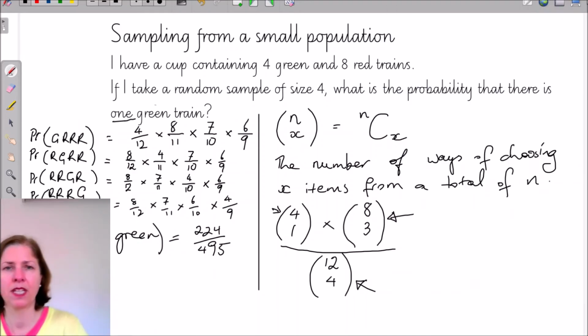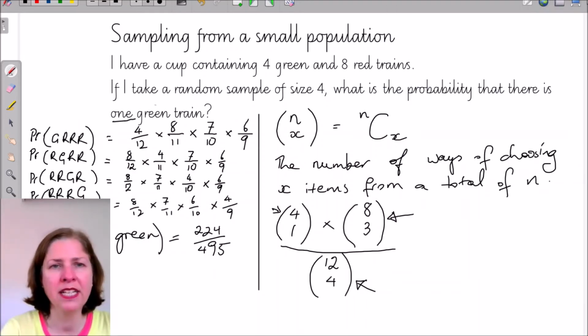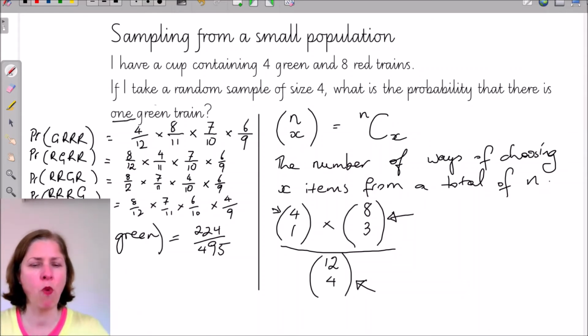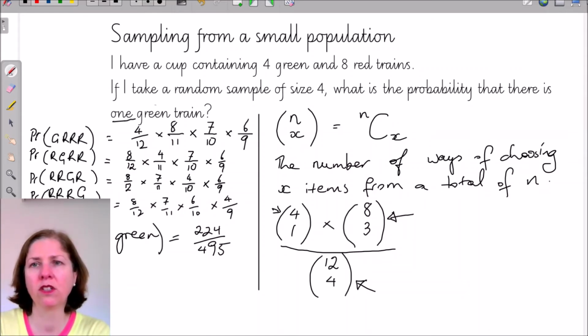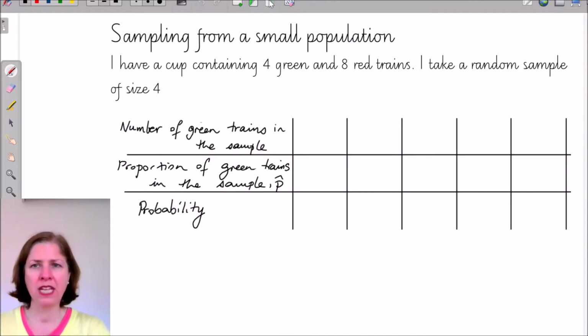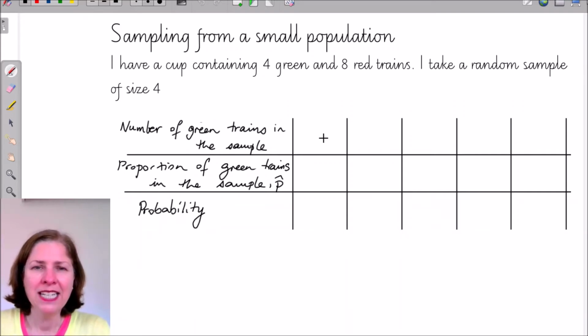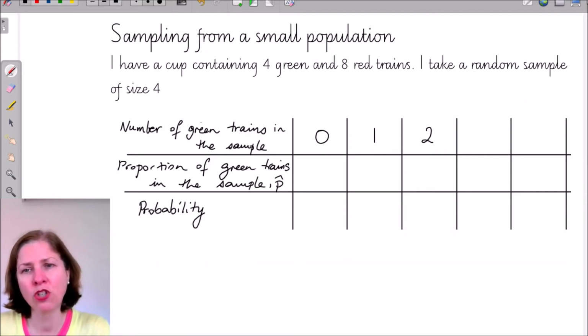Okay, so what I've done so far is I've worked out the probability of 1 green train. Let's go to the next page. What I've got here now is a distribution. If I take a sample of size 4, I might get no green trains, I might get 1, 2, 3, or 4.